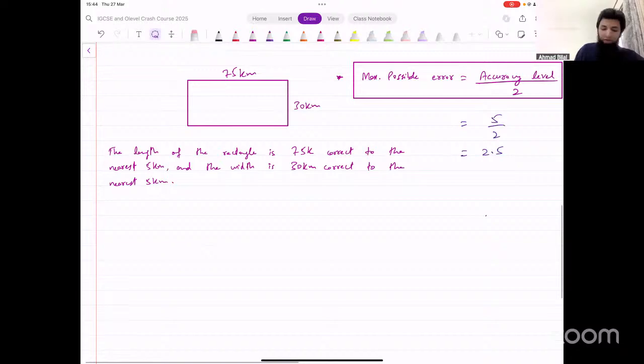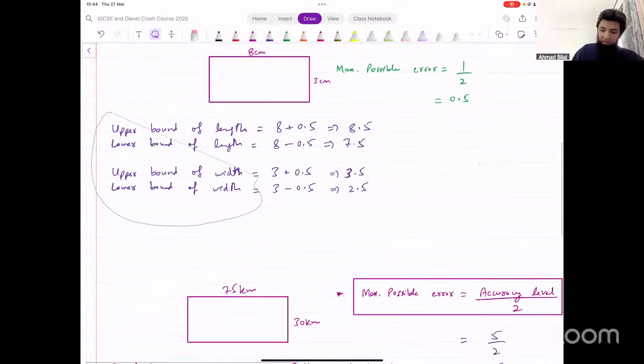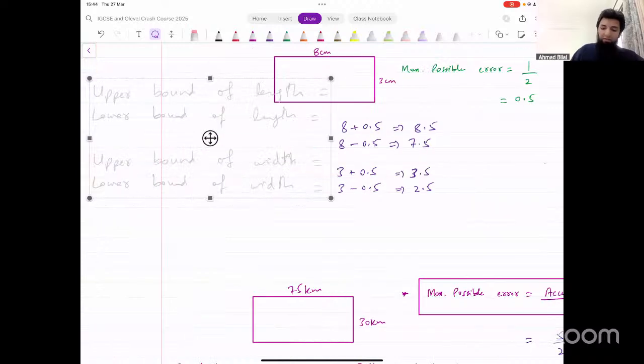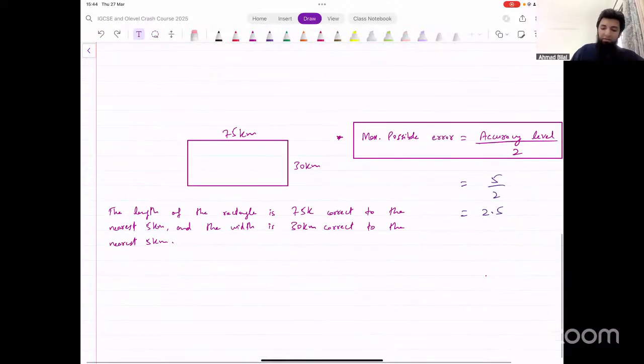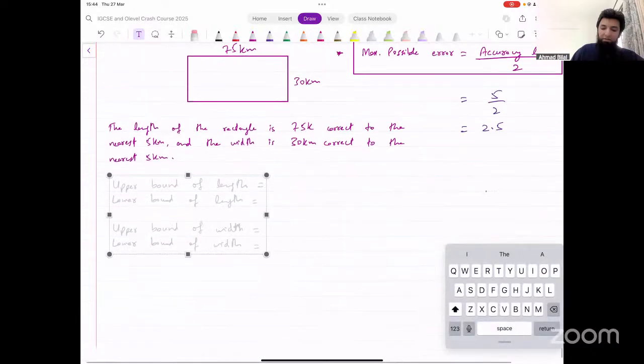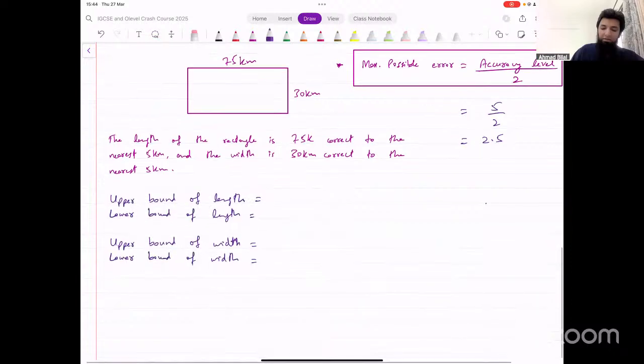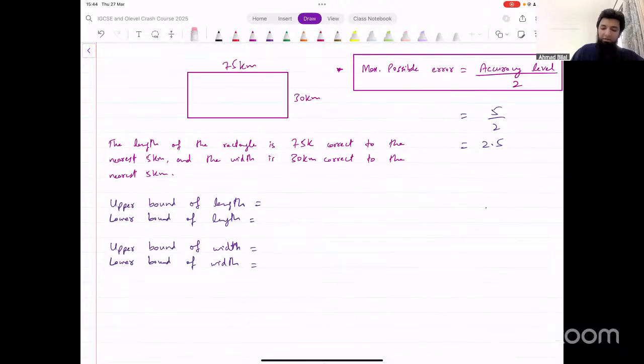So if we have to find the upper bound and the lower bound of the length, and similarly the upper bound and the lower bound of the width, how could we find that in this particular case? We could say the upper bound of the length of this rectangle is 75 plus 2.5, right? So we could have an error of 2.5 on the upper side. So maximum we could get to would be 77.5.